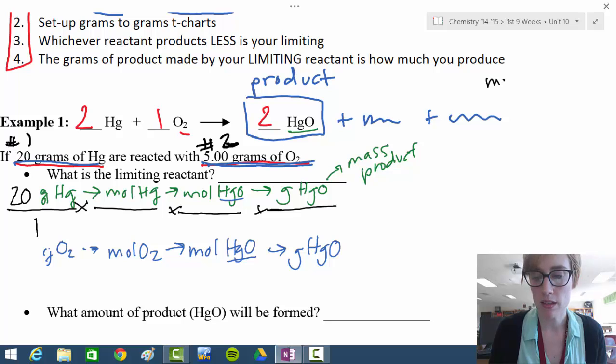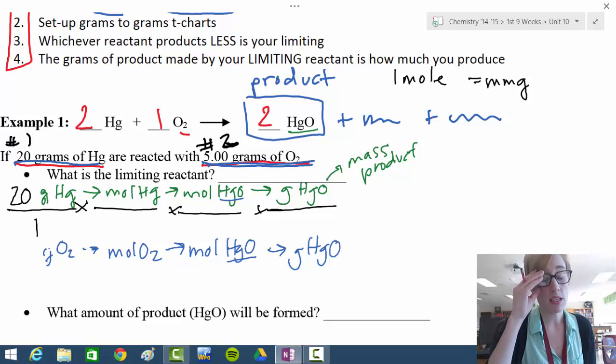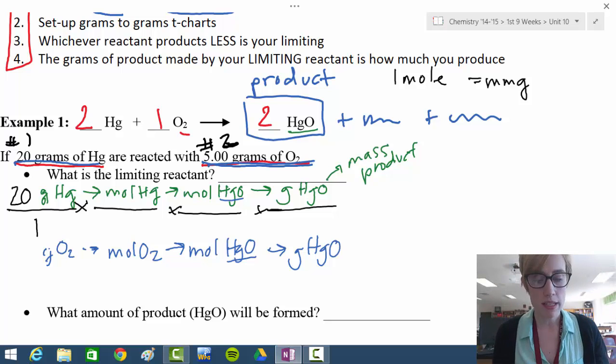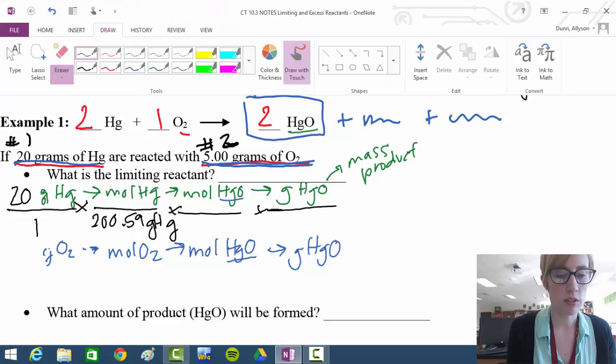Remember, the molar mass in grams is equal to 1 mole. So what's the molar mass of mercury? Well, I look on the periodic table right here, and the molar mass of mercury is 200.59 grams of mercury in 1 mole of mercury.